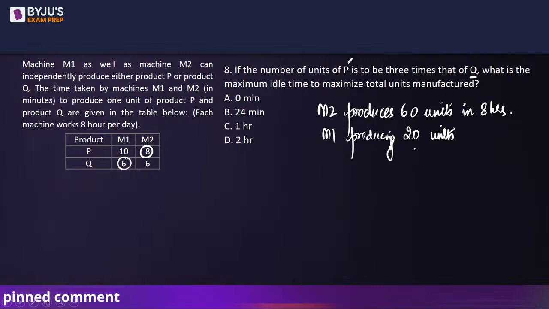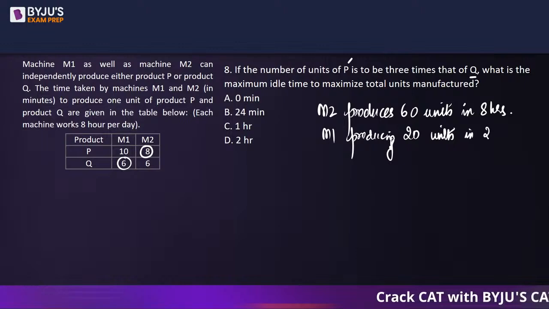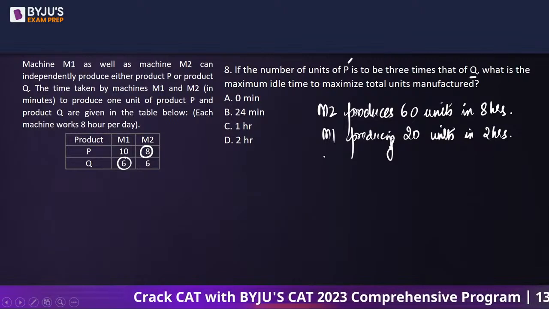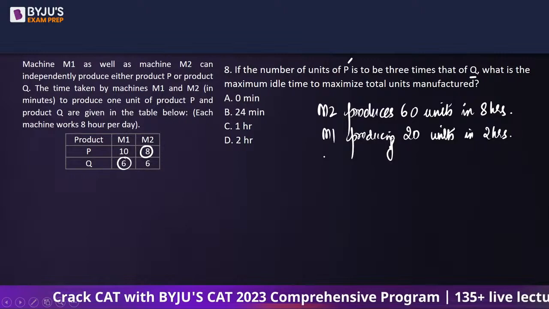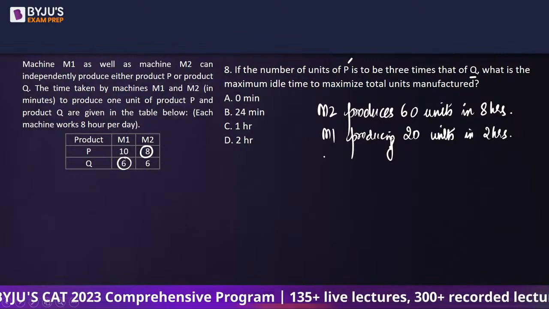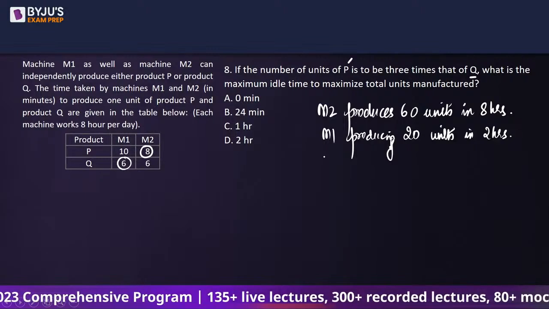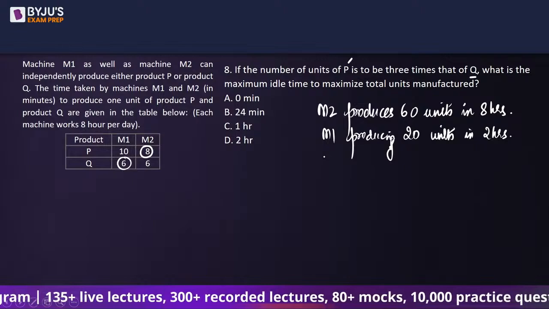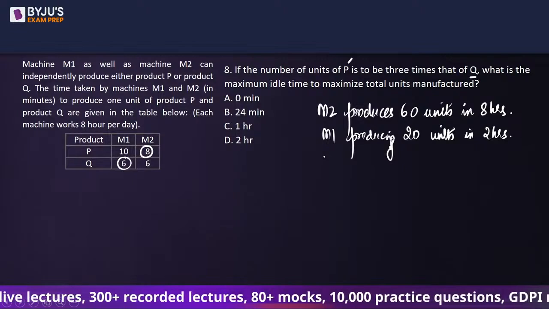It takes 6 minutes for M1 to produce 1 unit of Q. So 10 in 1 hour, so this will take 2 hours. If the number of units of P is to be 3 times that of Q, what is the maximum idle time to maximize total units manufactured?